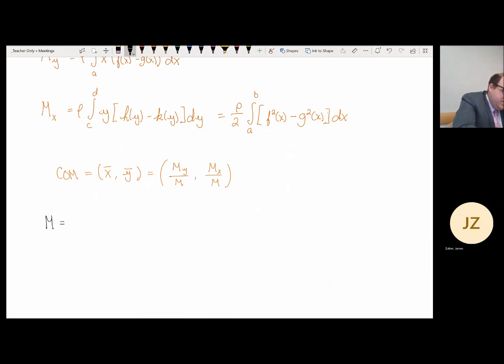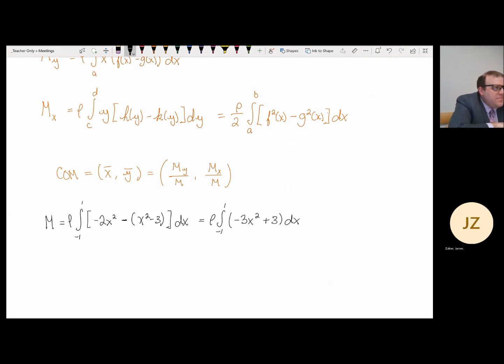The total mass will be our density rho times the integral from -1 to 1 of f of x, the larger function, minus g of x, our smaller function. That simplifies to negative 3x squared plus 3, right?